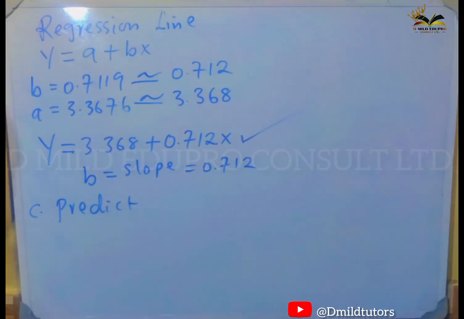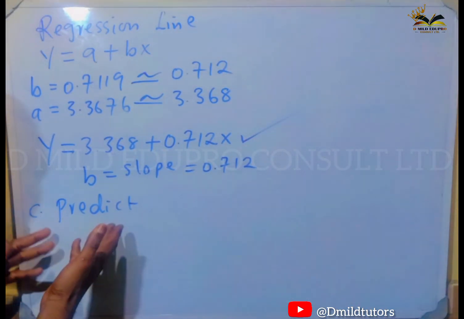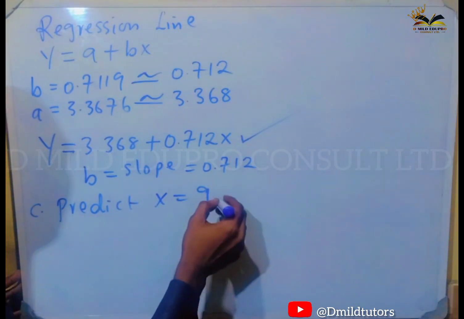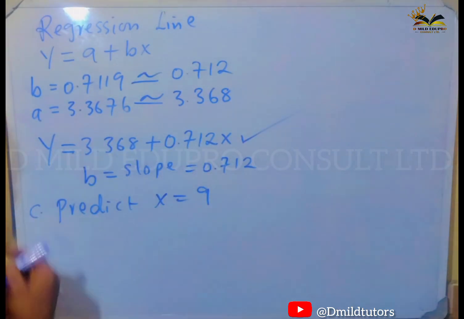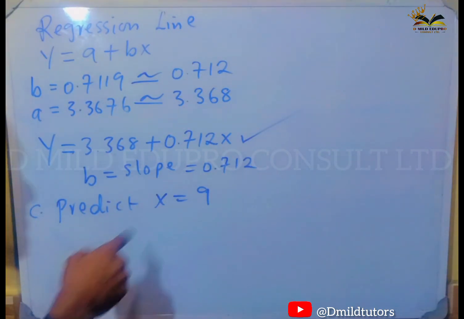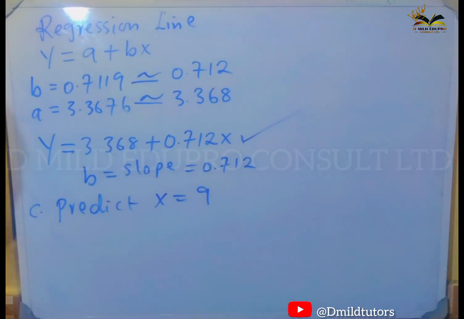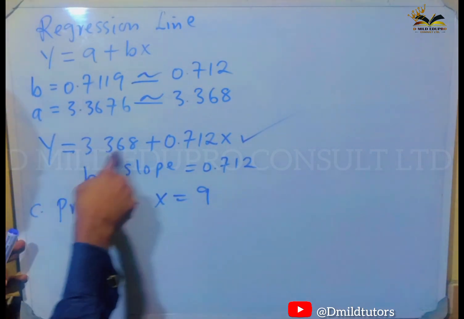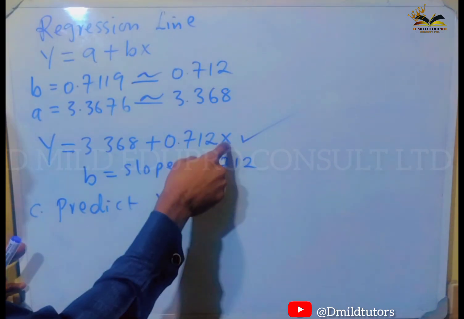So just read it and understand that. Now we're going to predict when X is equal to 9, making use of this regression line. Remember, Y is the performance and X is the hours you have, right? The time. Now, when X is 9, what is Y? That is what they're asking. Since you already have values here, we'll just replace this with 9.